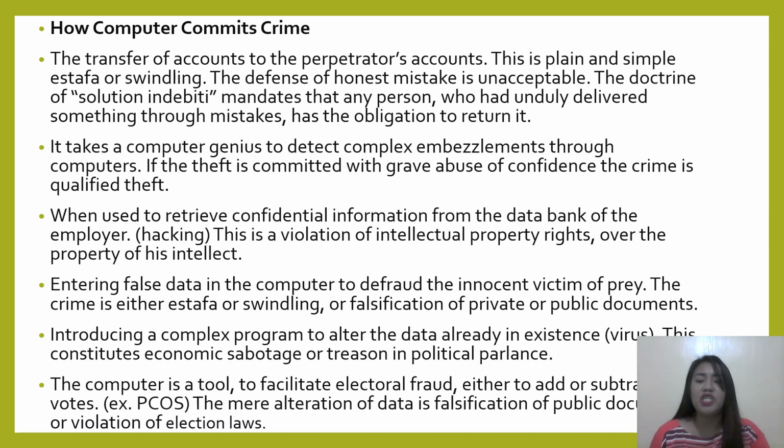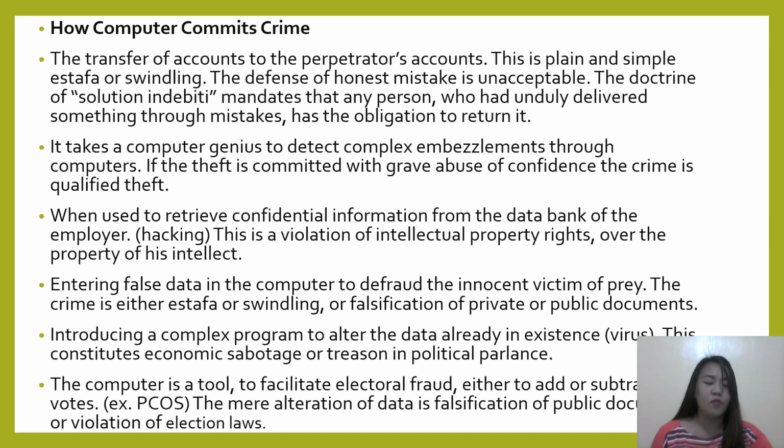Actually, this is punishable under Article 315 of the Revised Penal Code, wherein estafa or swindling is using a fictitious name or falsely pretending to possess a qualification, property, credit, agency, business, or imaginary transactions, or by means of other similar deceits.